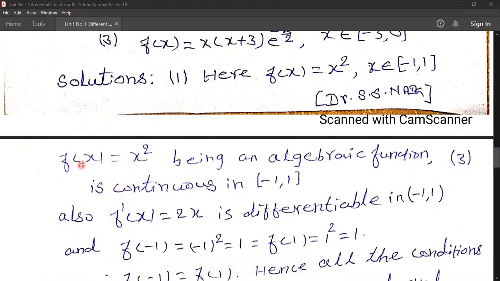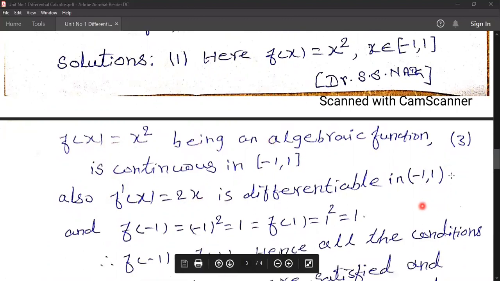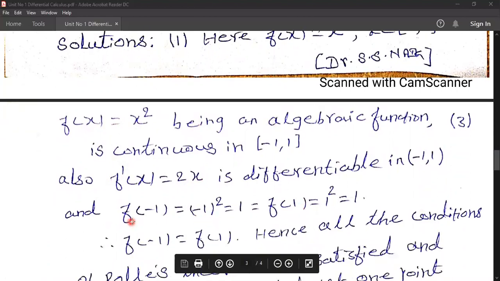Then also, if I find the derivative of f of x, it becomes f dash of x equal to 2x, which is a differentiable function in the open interval minus 1 to 1. And also we have to see whether f of a is equal to f of b.